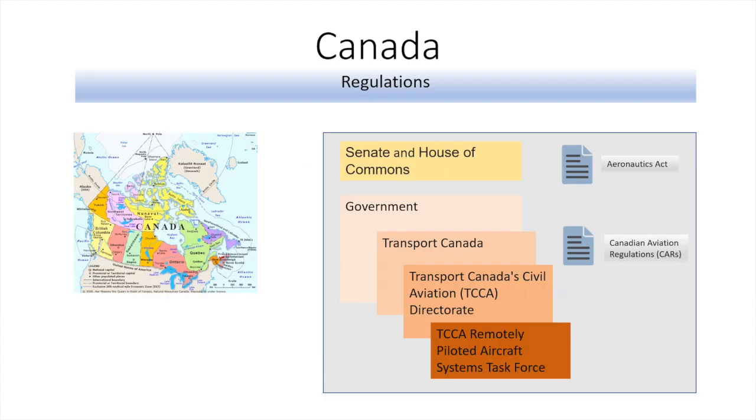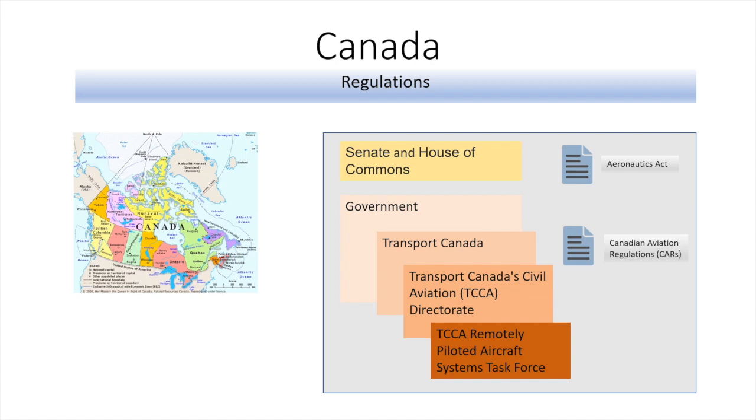So what about Canada? The principal federal legislation governing civil aviation in Canada are the Aeronautics Act and Canadian Aviation Regulations. If you search them, trying to find anything about remote drone ID, you won't find anything.